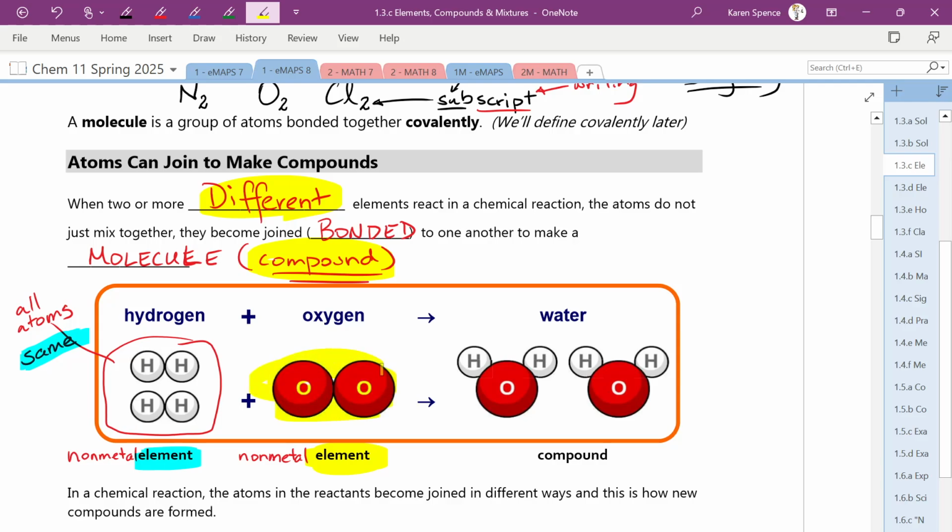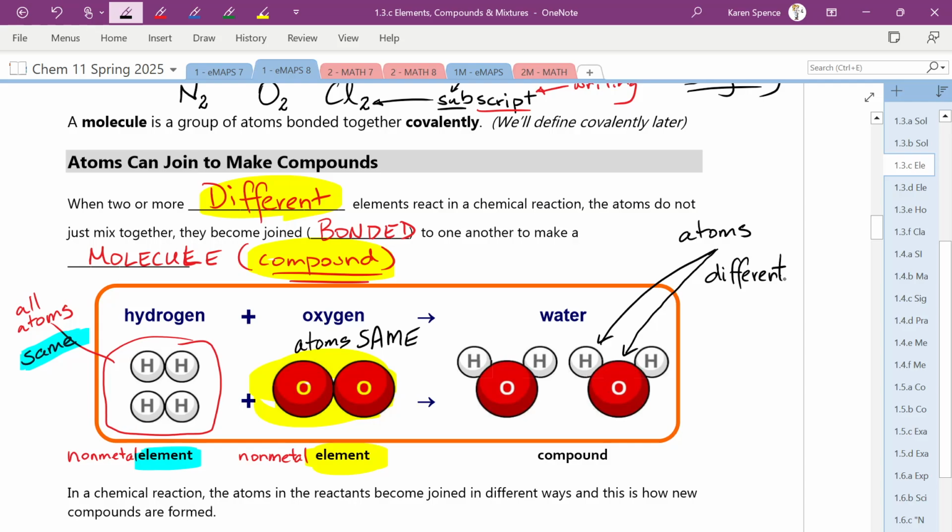Because all the atoms are the same. However, when we look at water, the atoms are different. And that is what makes it a compound. Is that good? So if the atoms are the same, it's an element. If the atoms are different and they're bonded together, that is a compound.